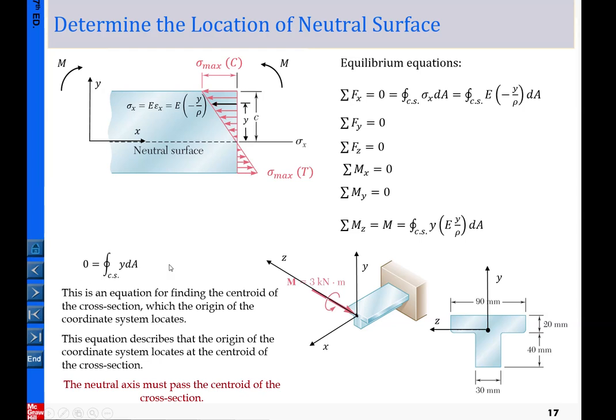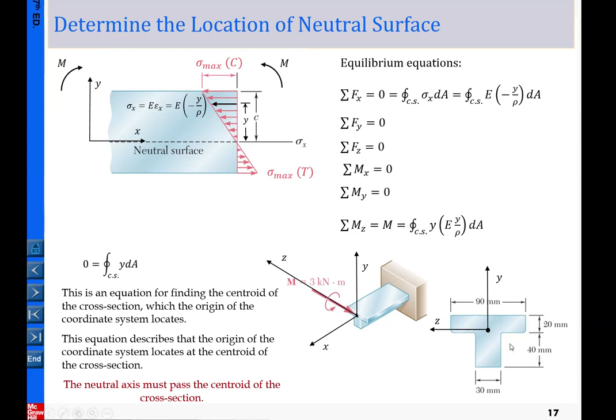On the other side, if you recall what you learned from statics about the centroid, if we measure the distance y from the centroid, then the surface integral of this quantity over that cross section is also equal to 0. Putting the two things together, the origin is at the centroid.